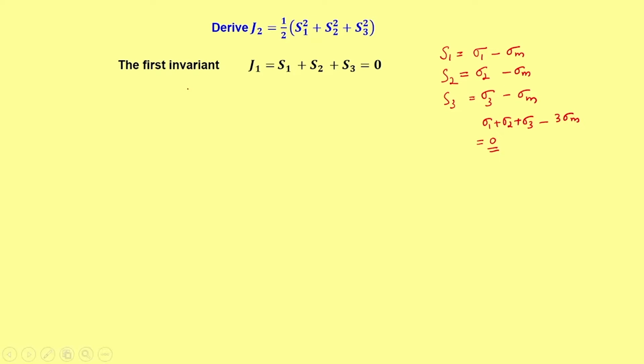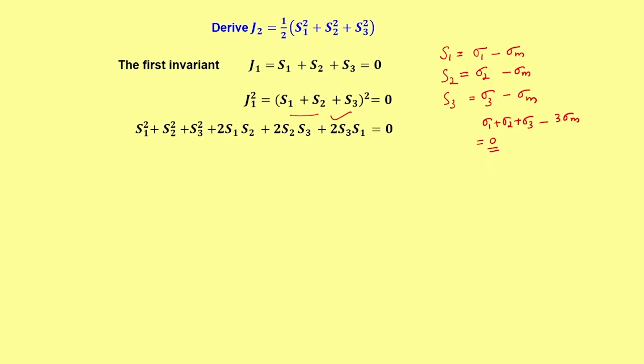So, that is why the first invariant J1, which is S1 plus S2 plus S3, is equal to 0. If you take the square of J1, you can easily write S1 plus S2 plus S3 the whole square, which is equal to 0. So, expand this. Once you expand this, S1 square plus S2 square plus S3 square plus 2 S1 S2 plus 2 S2 S3 plus 2 S1 S3.